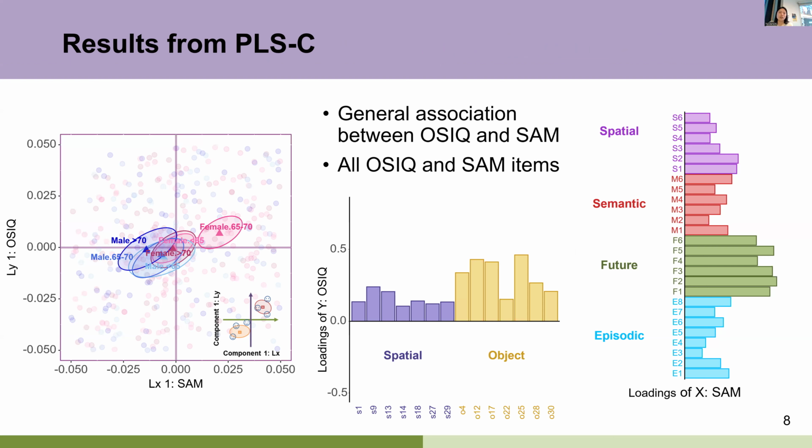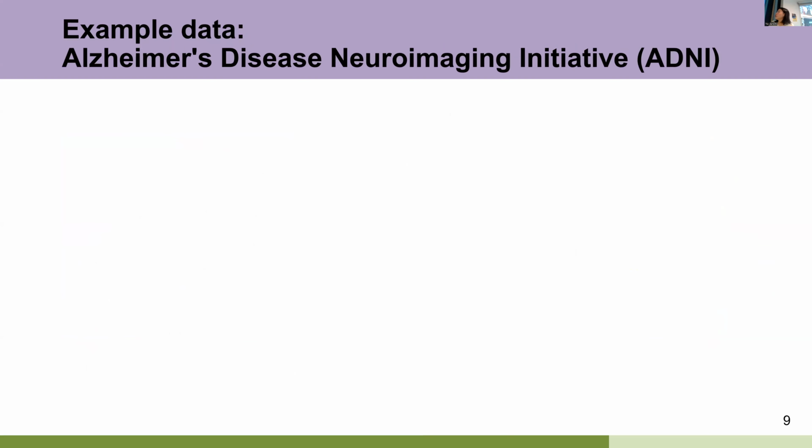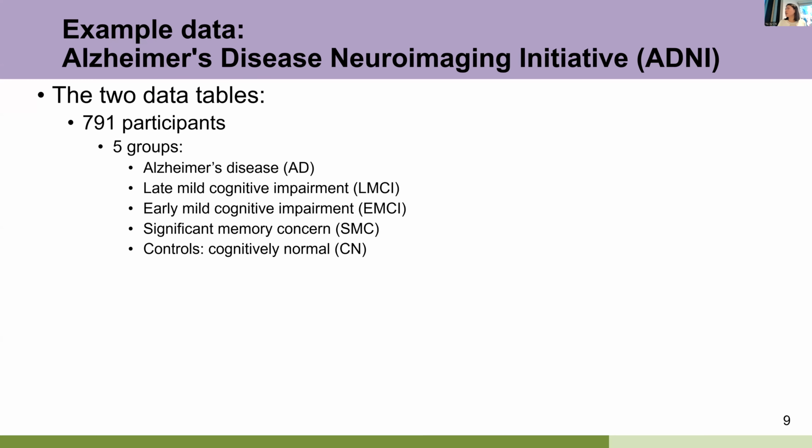So this is a short example with just behavioral data. The other one I want to show you is with a larger set of data where we have imaging and also genetics data, where the two data tables include 791 participants that could be put into 5 stages of Alzheimer's disease.